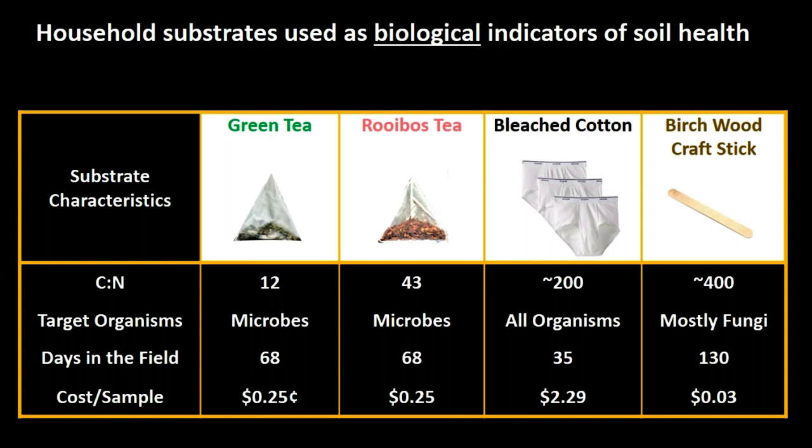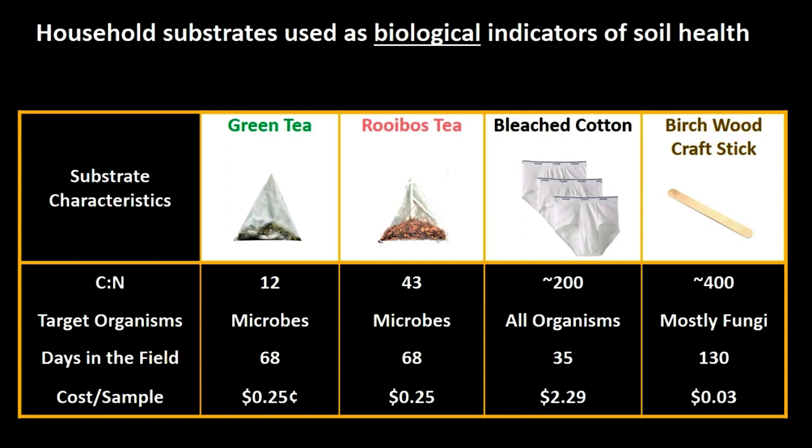But we're looking at these 4 kind of household substrates as biological indicators right now. So green and rooibos tea, the advantage of these is that they're in self-contained litter bags already, these nylon bags. We're using the underwear again, just kind of testing it out, even though it seems to not be a very good indicator. And then these birchwood craft sticks.